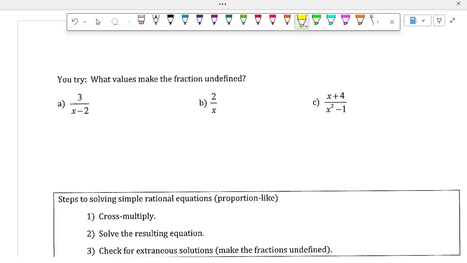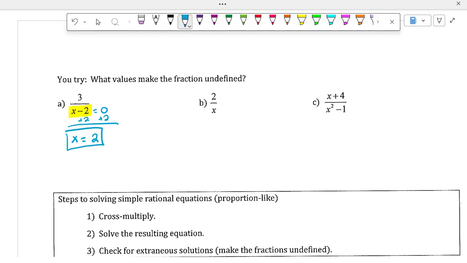So for A, how do I figure out which values of x make the fraction undefined? We set the denominator equal to 0 and solve for x. So if I add 2 to both sides, x equals what? 2. So the value that makes the fraction undefined, x equals 2.